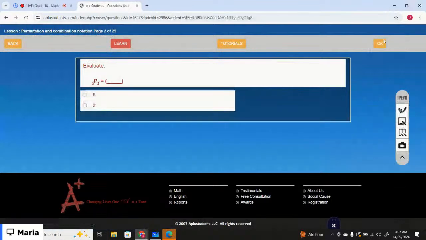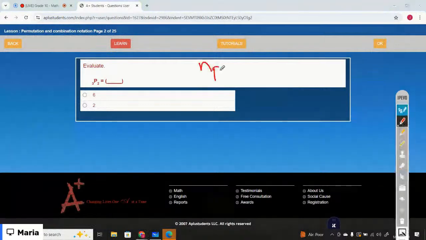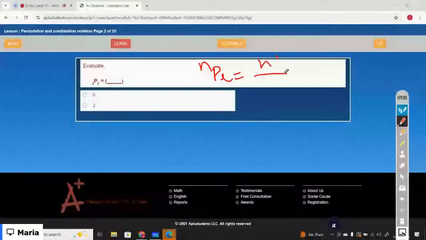The next one is 3P2. P stands for permutation. So the formula we use to calculate the permutations is n factorial divided by n minus r factorial. So you have to evaluate 3P2.